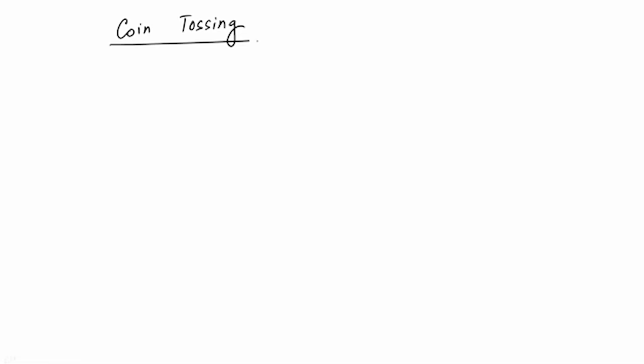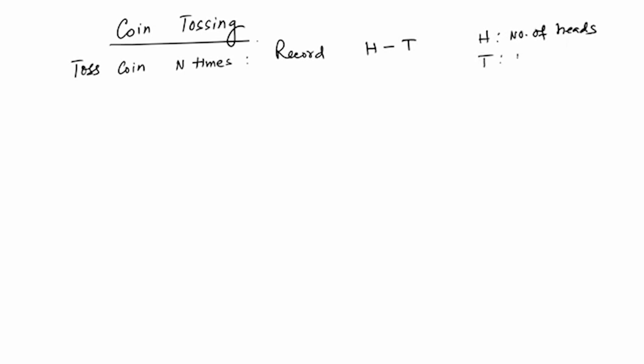So, consider flipping a coin n times, and you record the difference between head and tail, H minus T, where H is the number of heads and T is the number of tails.